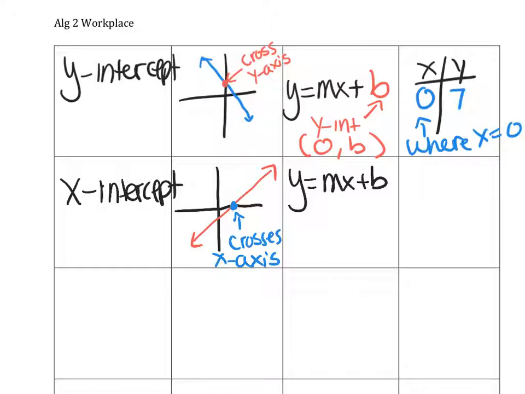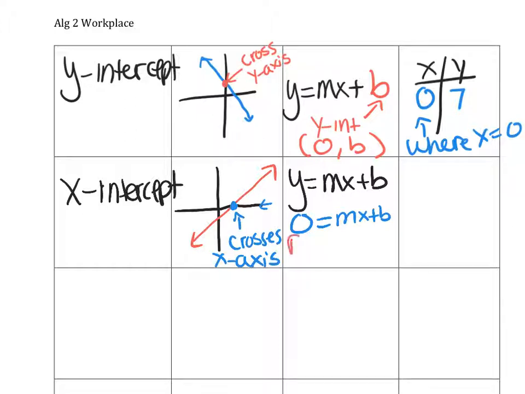And so just looking at the equation, though, if we have our graph on the x-axis, what's the y value of that point? 0. So if you plug in 0 for y and solve for x like we were doing on our quiz yesterday, then that could give us our x-intercept.